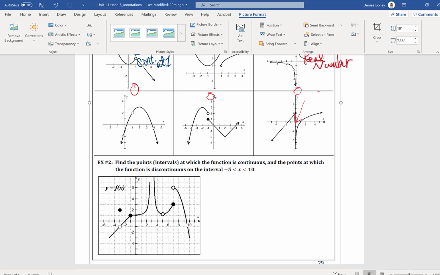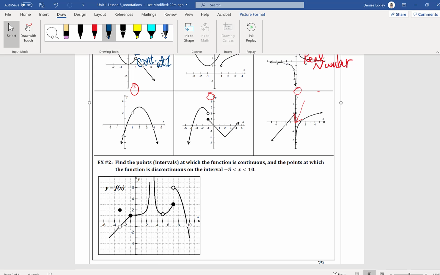So what we're going to see is that it is going to be continuous from -5 to here.